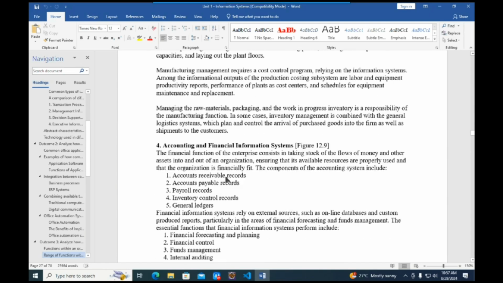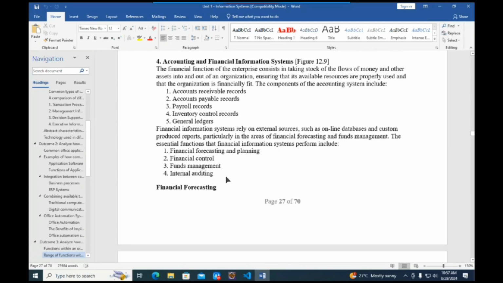Okay, we need to go to the accounting and financial information systems. The accounting and financial information systems have 5 components, and the first one is accounts receivable records. Then we have accounts payable records.